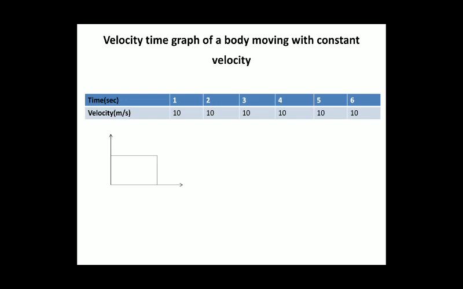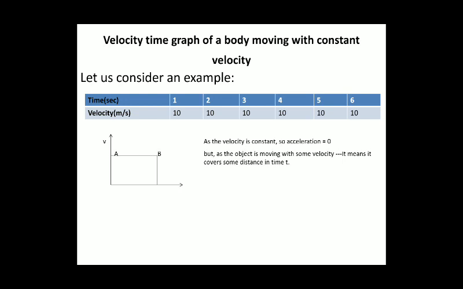So when we plot a graph, the x-axis represents the time and the y-axis represents the velocity. If AB is the graph, it shows that the velocity at every instant of time is 10 meter per second.